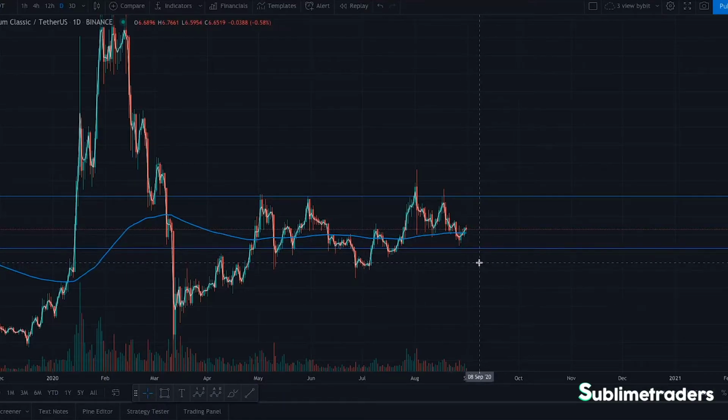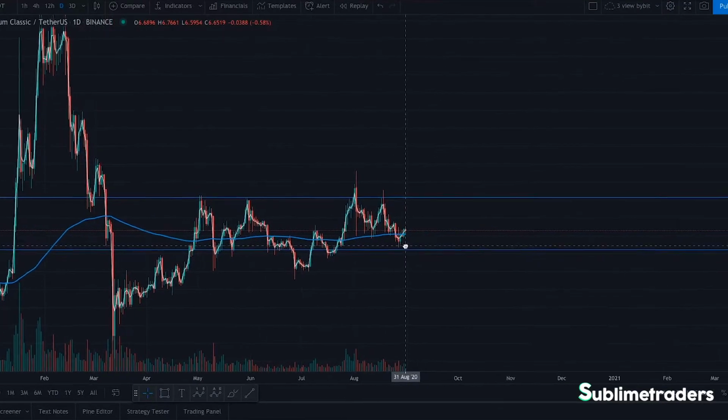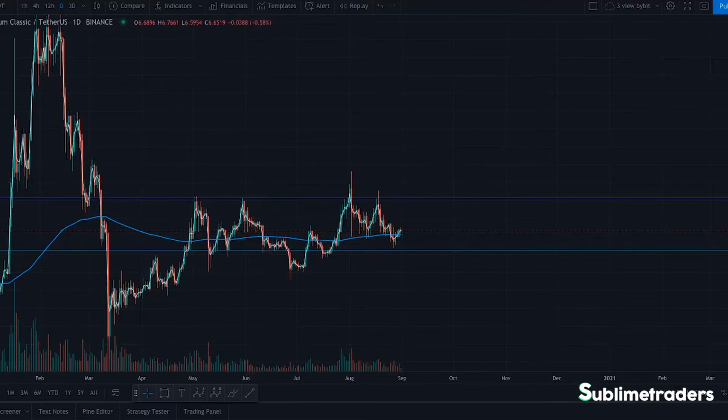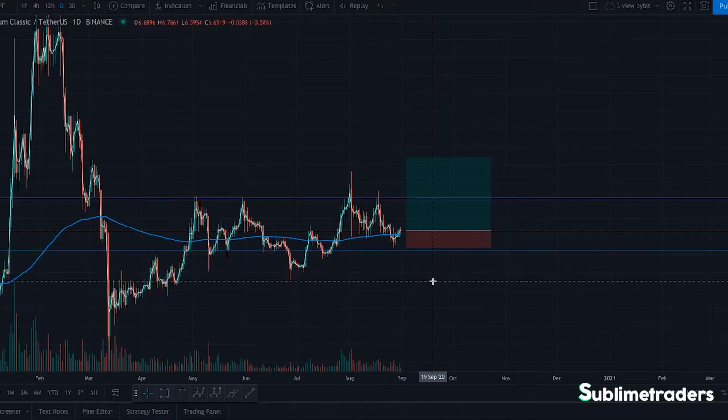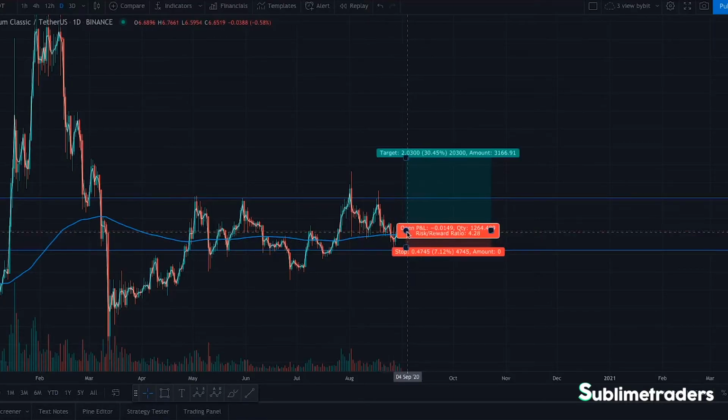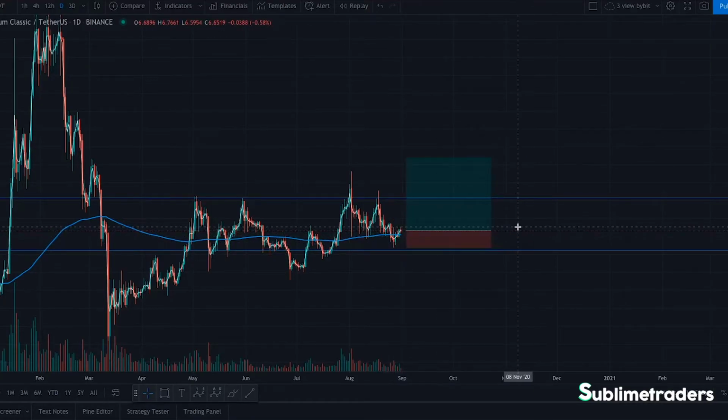So right now we can establish an idea that we can trade Ethereum Classic with a potential stop loss. Let's insert a long position with a potential stop loss at about this level, which is the previous low we have had on the 27th of August, and an entry point at about this level.